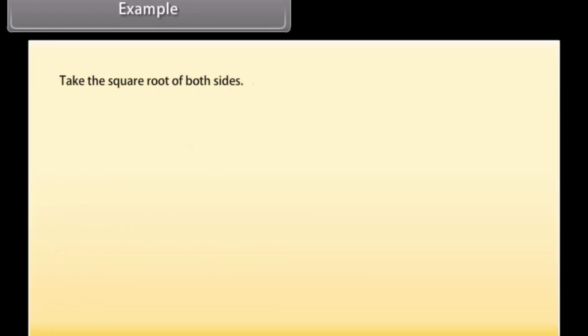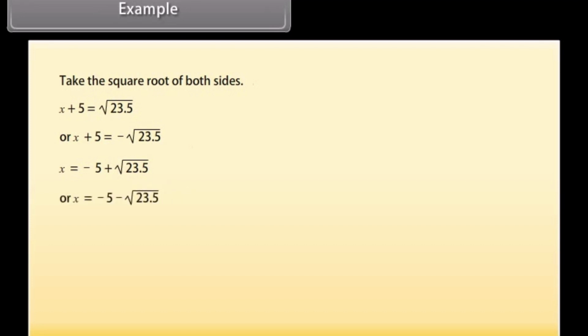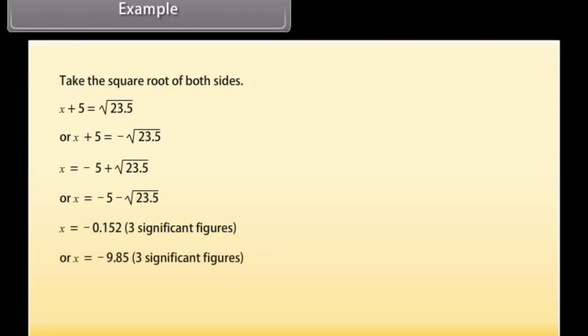Take the square root of both sides. x + 5 = √23.5 or x + 5 = −√23.5. x = −5 + √23.5 or x = −5 − √23.5. x = −0.152 to three significant figures, or x = −9.85 to three significant figures.